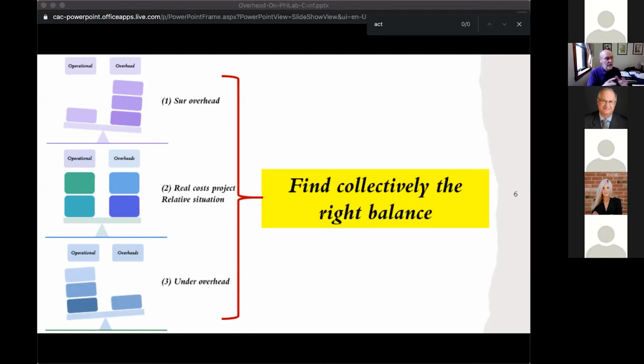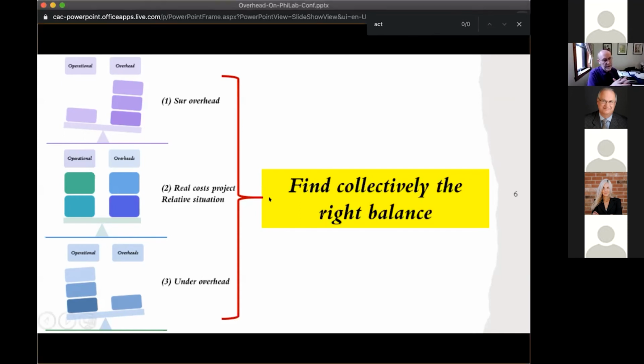But if you have only a $500,000 budget, then it could be more important to have overheads around 20 or 25%. So the real cost of the project is relative to the situation you are in. And of course, the mentality that we see in the grantees is more interested in the third scenario, the under-overhead. They don't want to see much money go to overhead.